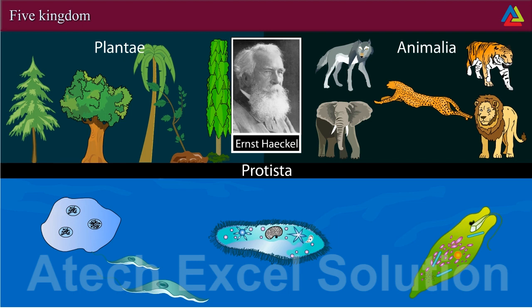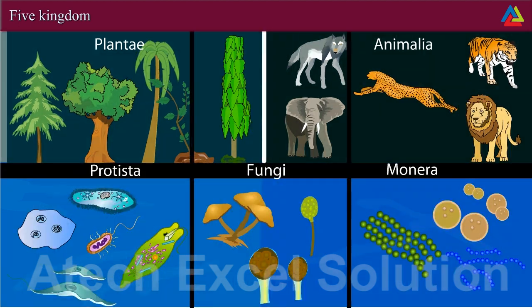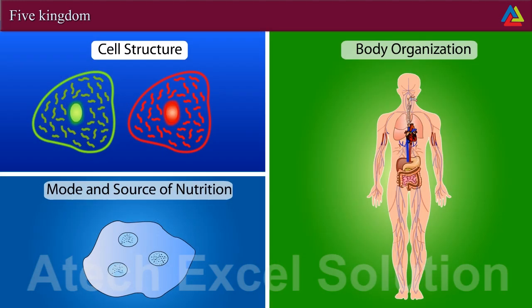Ernst Haeckel proposed Protista to include eukaryotic unicellular organisms. Later on, Monera and Fungi were included in the classification as new kingdoms. The classification kingdoms are formed on the basis of cell structure, mode and source of nutrition, and body organization.